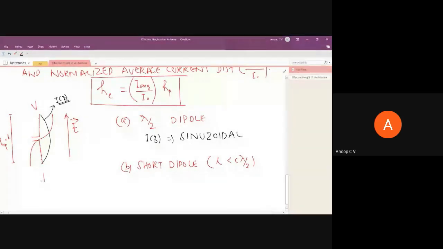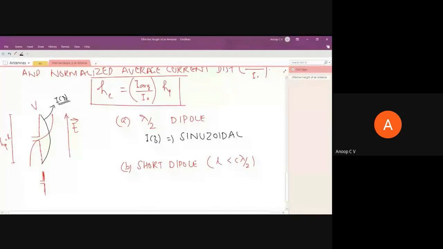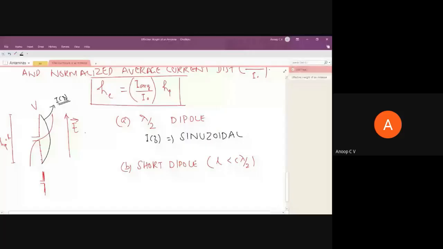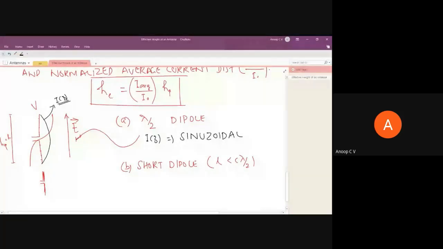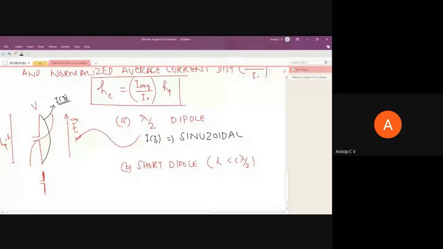For the same wavelength, if the length of the antenna is reduced or the wavelength is increased, then you can see the wavelength is this much. But if you consider a very small region, the current distribution will be linear. So you can see the current distribution in a short dipole will be linear. It will be a small portion of the sinusoid.